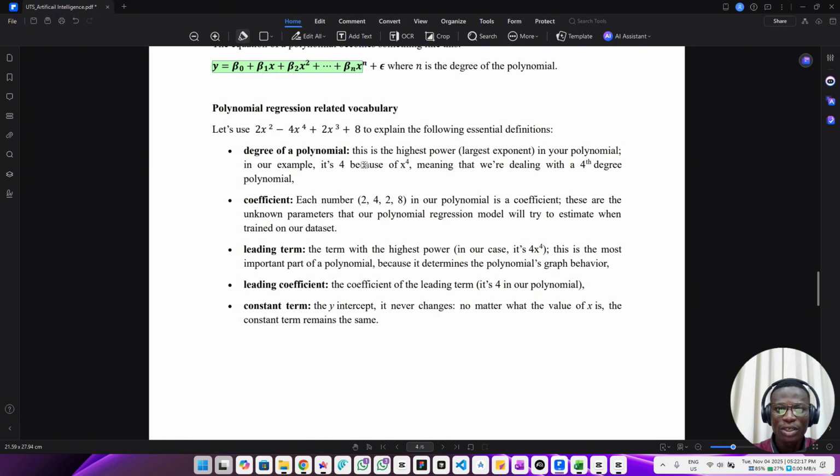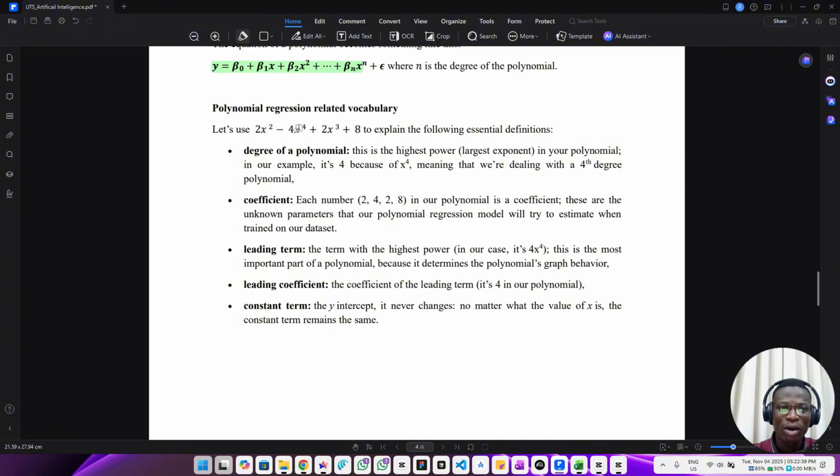Now, polynomial regression related vocabulary. We can use this as an example. The degree of the polynomial is the highest power, the largest exponent in your polynomial. Here it is 4, because x is raised to the power of 4.